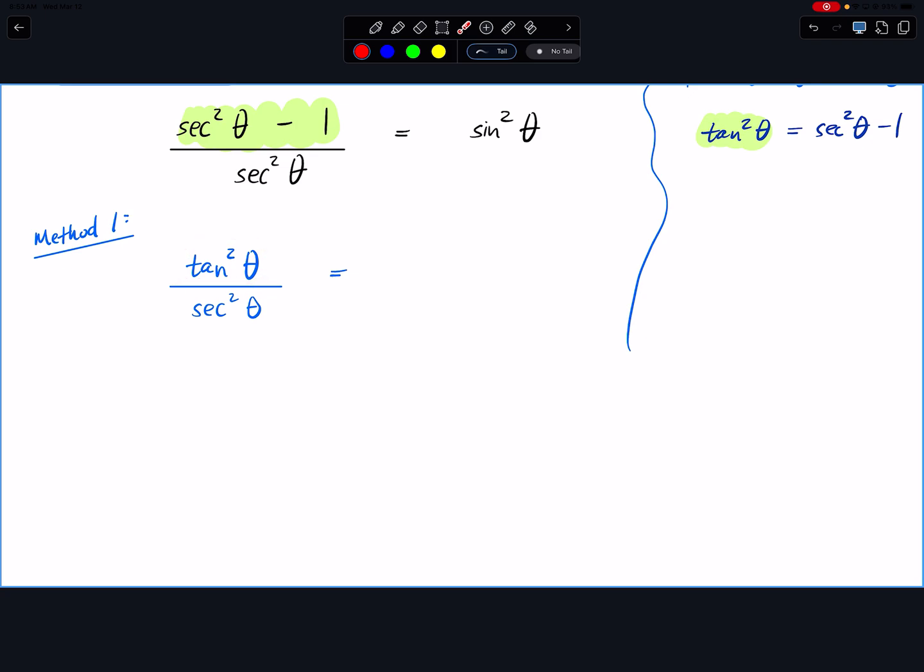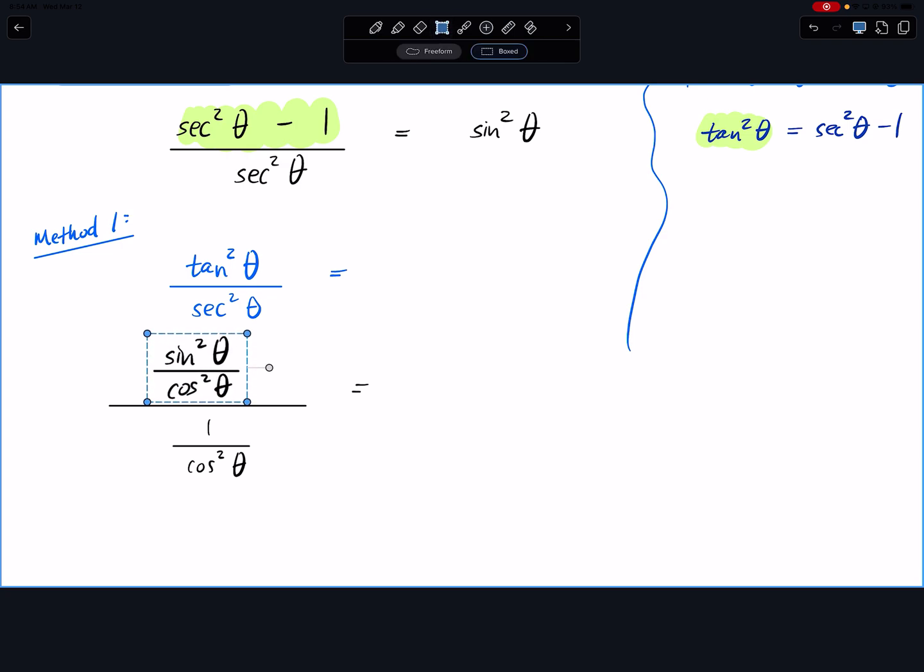But because it's squared, I'm going to write the numerator as sine squared theta over cosine squared theta. And then the bottom, secant squared, you guys agree is the same thing as 1 over cosine squared? Is everybody cool with that?